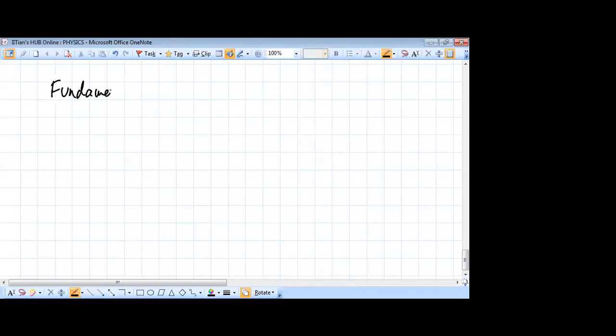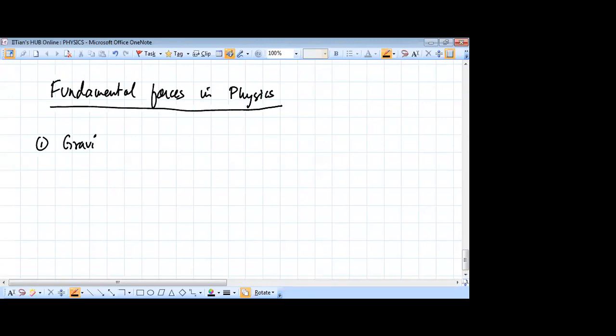If you think about the fundamental forces in physics, something we discussed on our first lecture, not first lecture of Newton's laws, but first lecture we had on fundamental forces. For example, there is the first type of fundamental force which is called gravitational force.